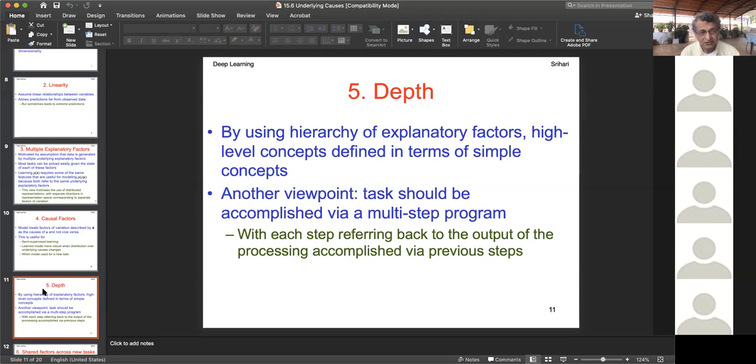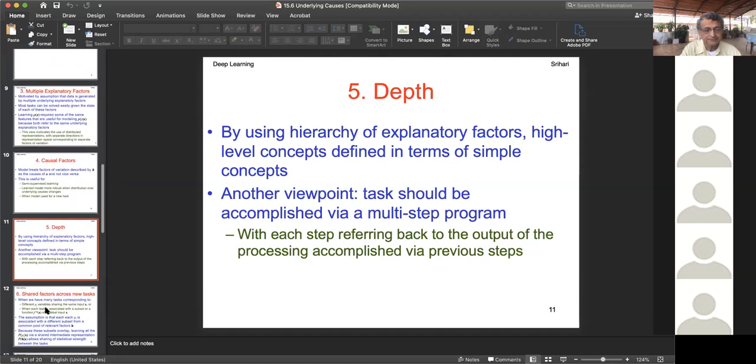And we're applying that to distributed methods. Each step refers back to the output of the previous processing accomplished via previous steps, right? I suppose this is one of the fundamental concepts in computer science, where we say break up your problem into sub-problems and solve each of them separately, as long as, of course, your overall problem is solved correctly.